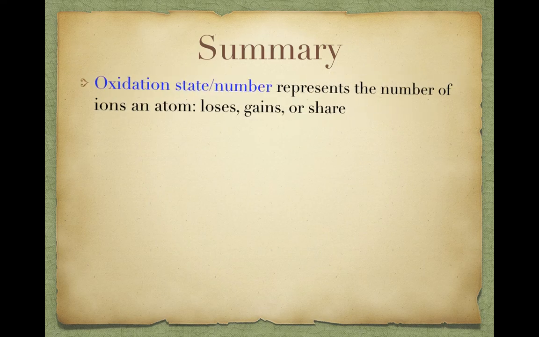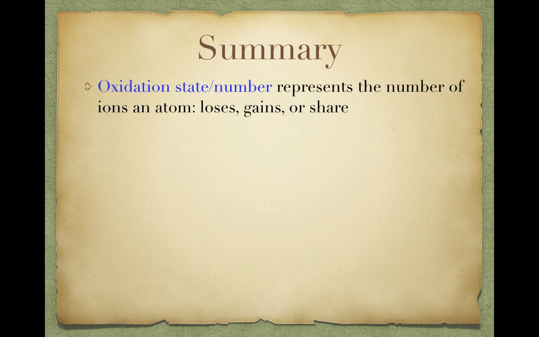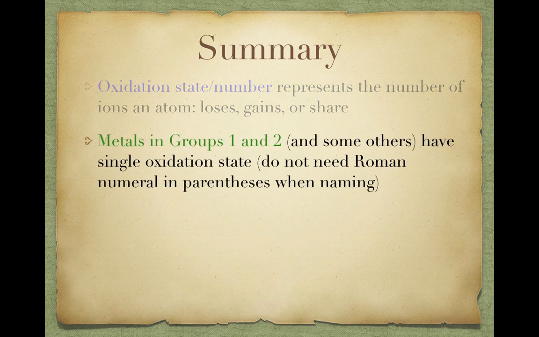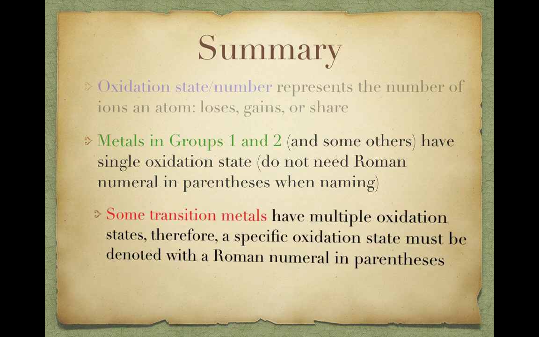Okay, to summarize, oxidation state, remember, represents the number of electrons an atom loses, gains, or shares. Metals in groups 1 and 2, and some other metals too that aren't transition metals, have a single oxidation state. So that means there's just one oxidation state for each metal.